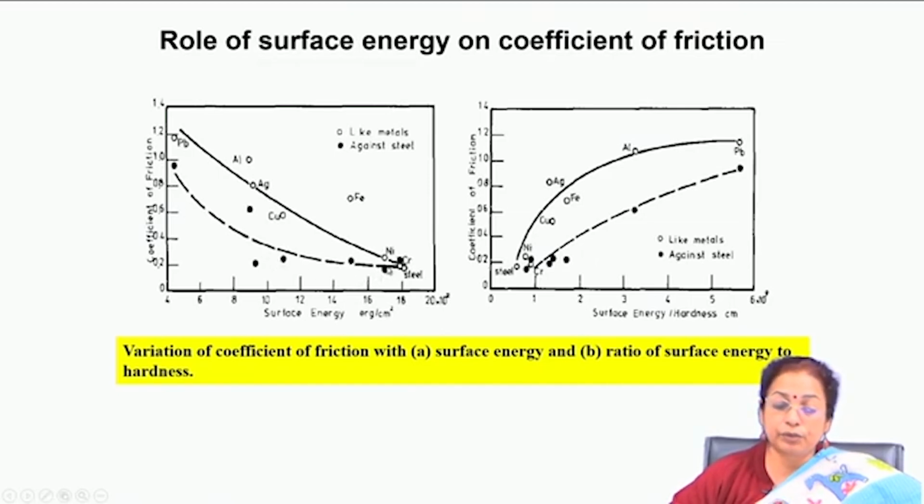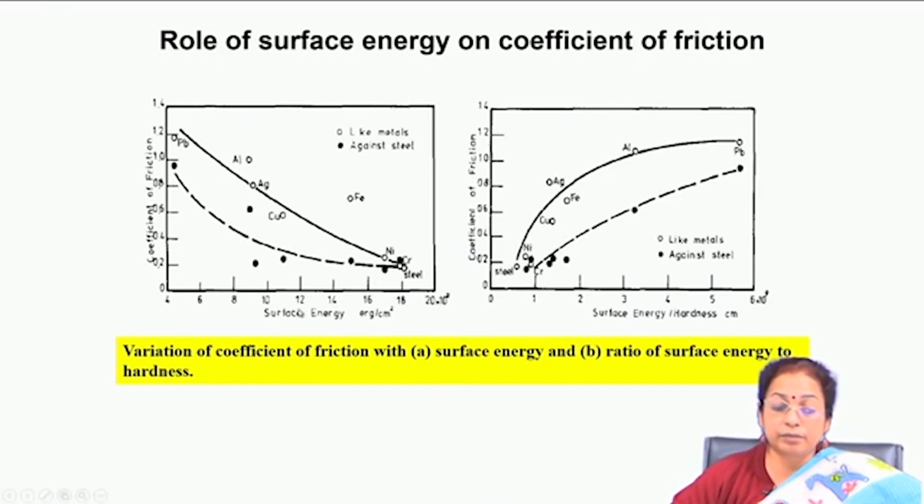On the other hand, if you think of the mechanical properties of the material which also influence the coefficient of friction, like hardness, there you will find that the higher the hardness, the lower will be the coefficient of friction. Whenever there is increased hardness, or the harder the metal surface is, naturally the coefficient of friction will be reduced.